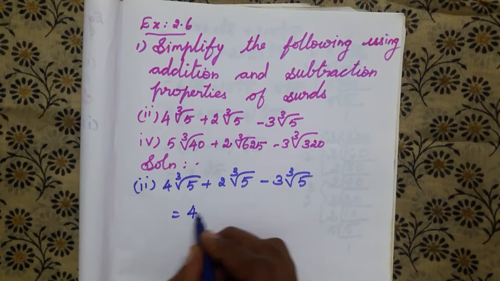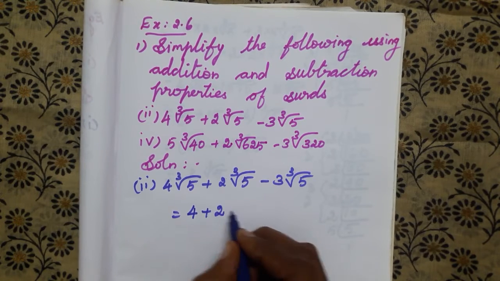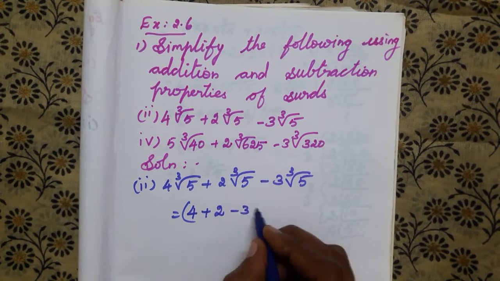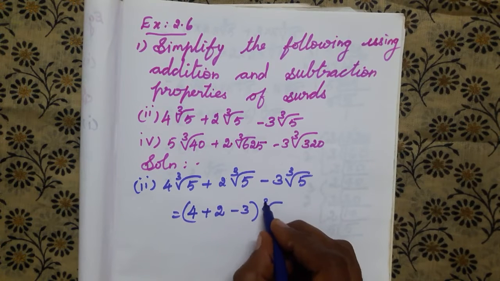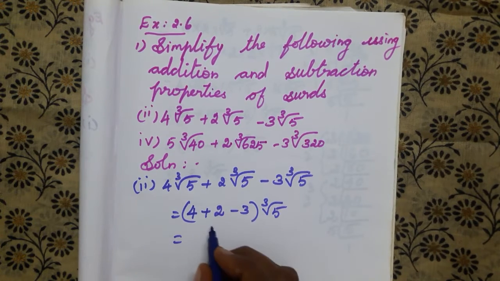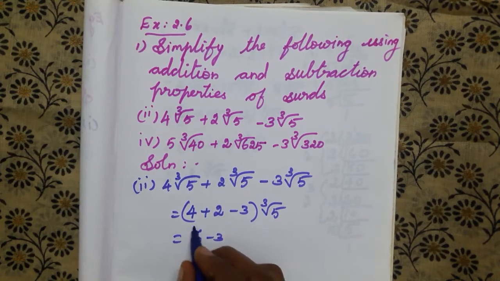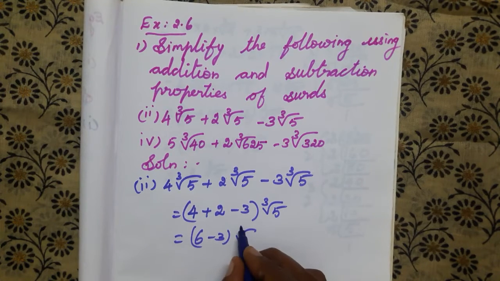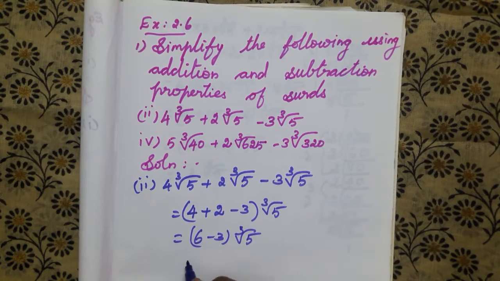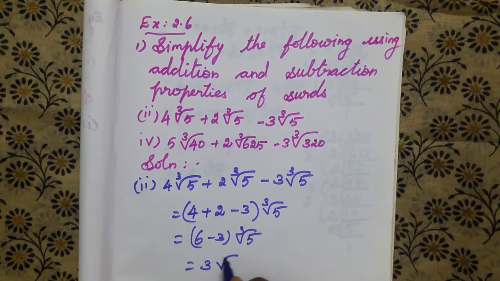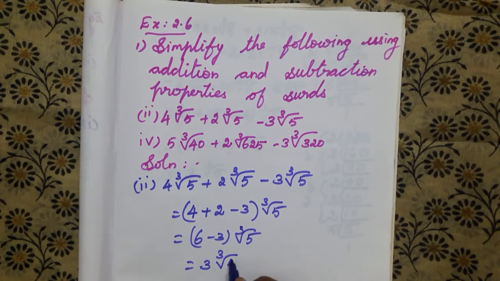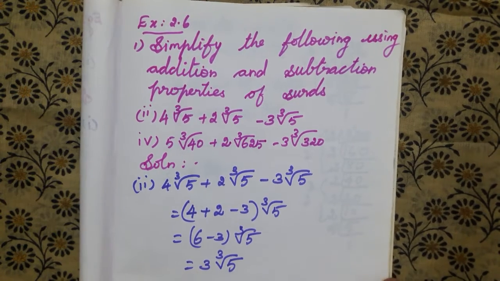So we have to write 4 plus 2 minus 3 into cube root of 5. 4 plus 2 is 6, 6 minus 3 into cube root of 5 is equal to 3 cube root of 5.